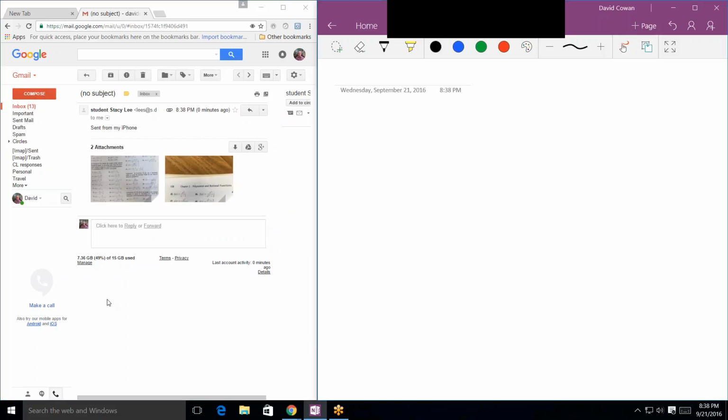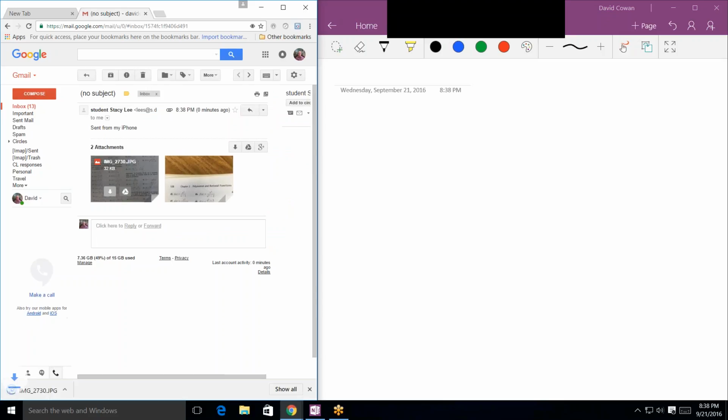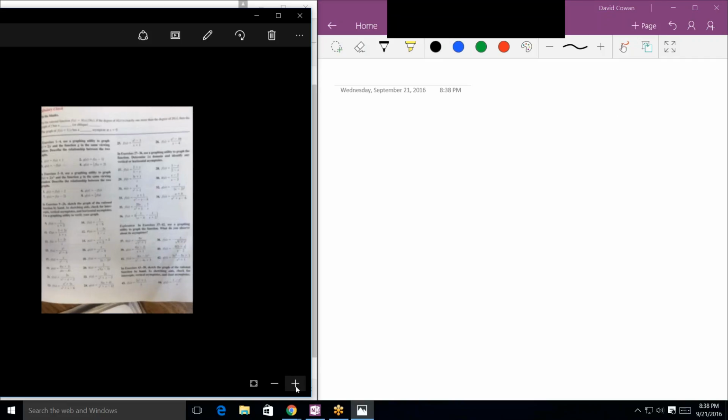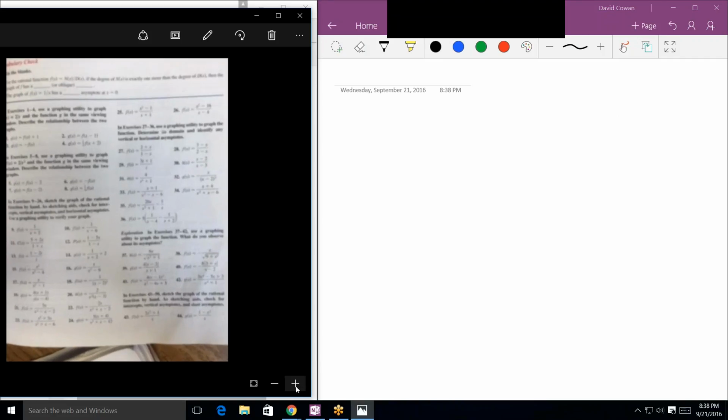Which page would you like to start on? The first page, the biggest page. Do you have an iPhone? Yes. You need to send it as a large image, because otherwise I can't read it.